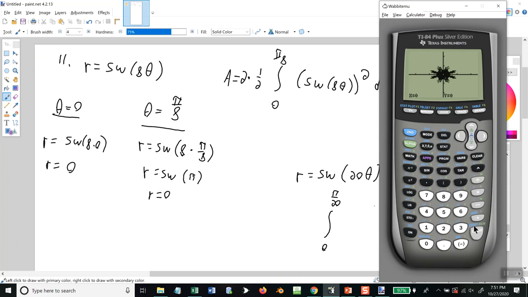No way you could tell anything about it. Nice snowflake. But if I went to my window and changed that from 0 to pi over 20, and then my graph, do a zoom box.